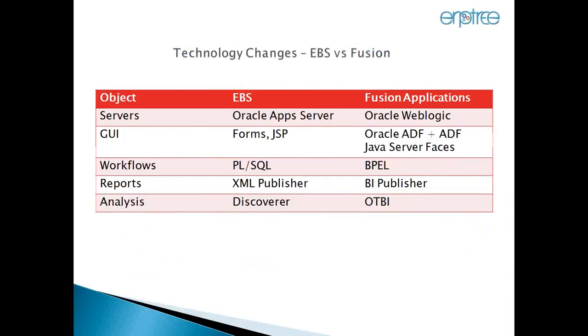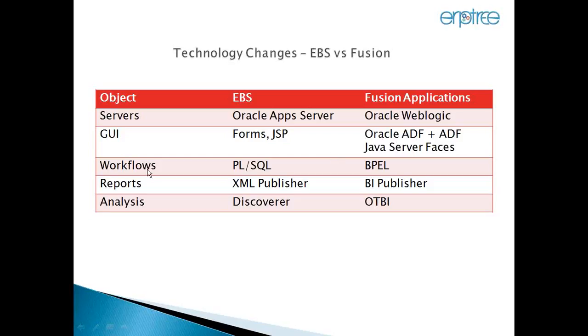So I'll mention a few points here, the technology changes compared to EBS. When you talk about servers in Oracle, in EBS we use Oracle App Server, basically Apache Server, right? Now in Fusion, that's nothing but WebLogic Server. For the graphical user interface, in EBS we have Forms and JSP pages, Java Server Pages. But in Fusion applications, it's all about ADF pages.